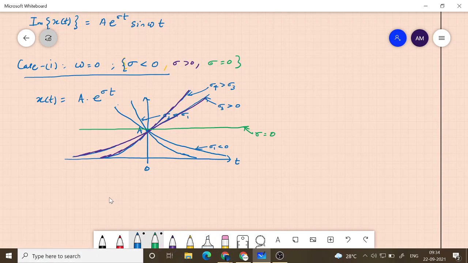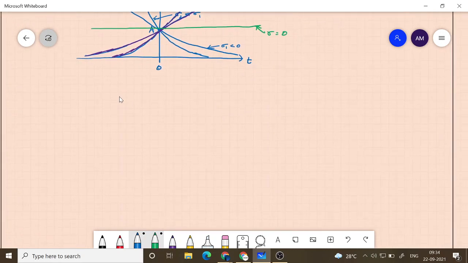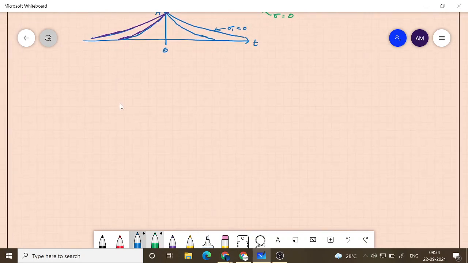Next, we are going to consider case 2. In this case, sigma is equal to 0 and omega not equal to 0.